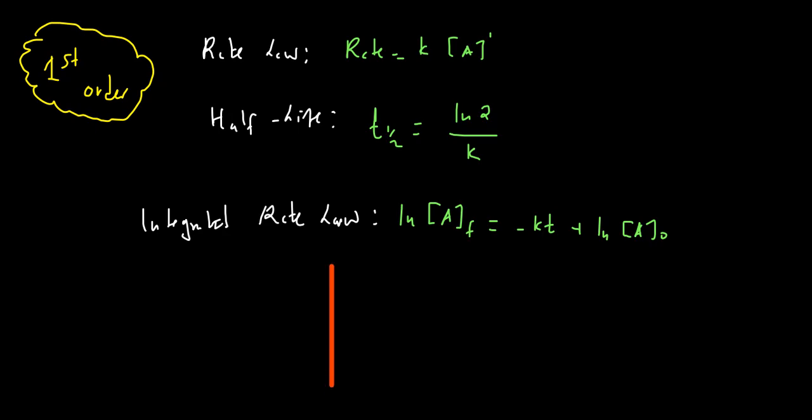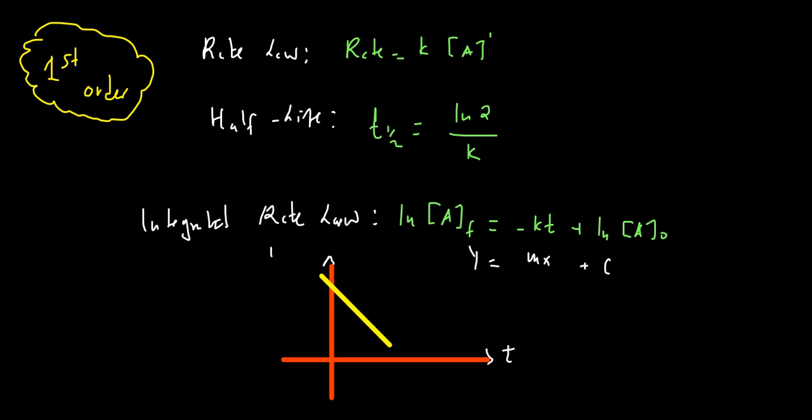If you were to plot a graph for a first order reaction, the graph would also look similar. But the only difference is that, in the form y is equal to mx plus c, our x-axis is still time, but the y-axis has changed.